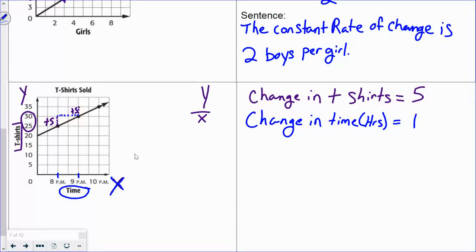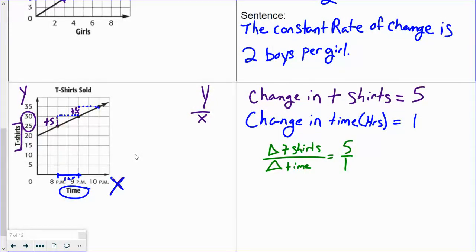Okay, and each time it does that. So if you notice, 2 lines make 1 hour. Then of course we got to put it together. Our change, the delta sign, is another thing that kind of tells you, hey, that means the word change. You can say change in t-shirts over our change in time, which is 5 over 1.